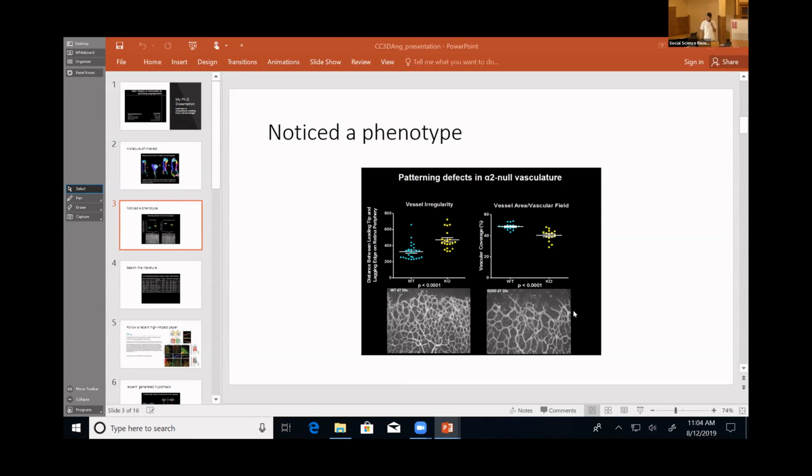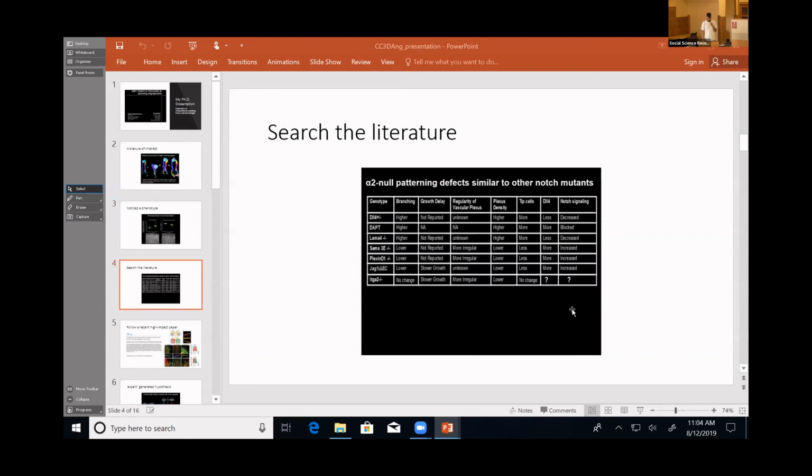So it's a relatively subtle phenotype. And this has some similarities to several retinal vasculatures that have been phenotyped in Notch mutant animals, or Notch mutant mice specifically. But it doesn't have the exact same overlaps.